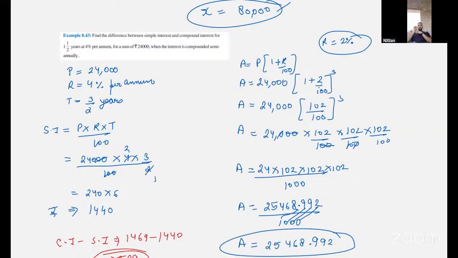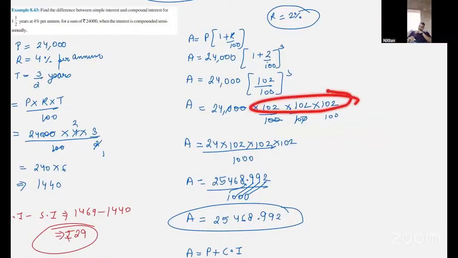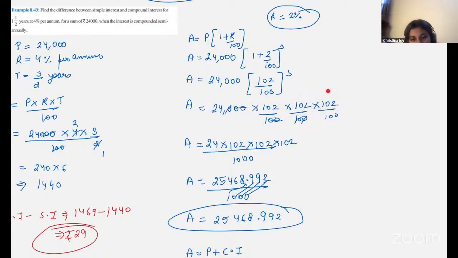Okay, then. I have a doubt. Why didn't we take the cube of 102 upon 100? We are supposed to take the cube, right? Like take the prime factorization and cube.